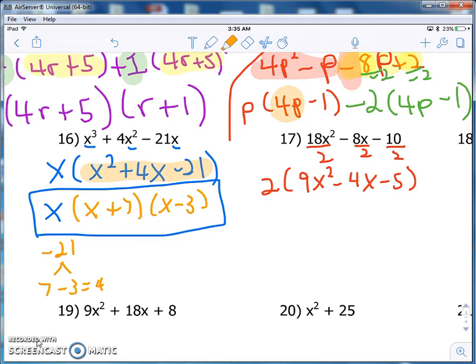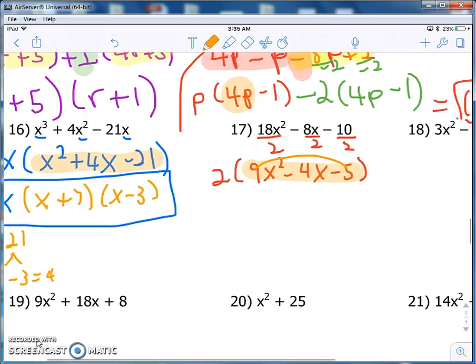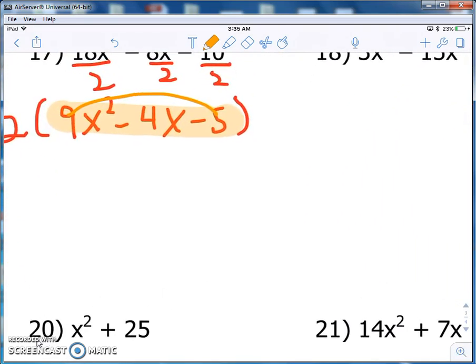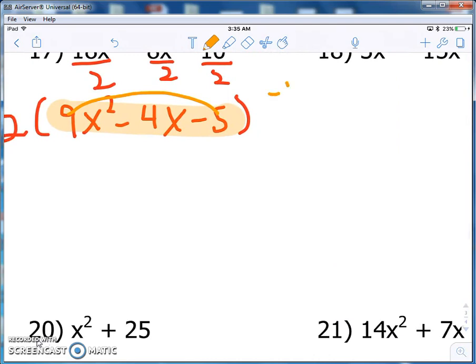And let's use Mr. Orange again. So we're going to factor this thing inside as if that's all we had. Where before it was the easier one, this time it's the more difficult type. So we're going to look at our factors of negative 45 that add or subtract to be negative 4.